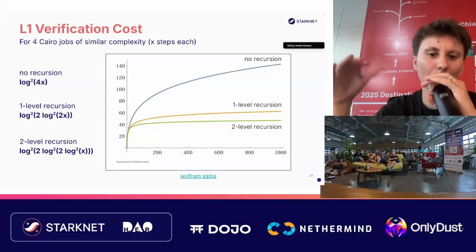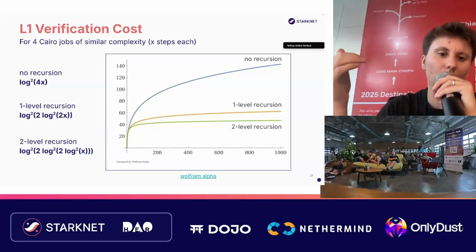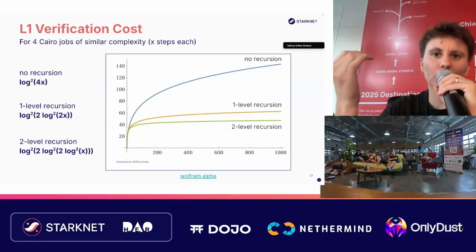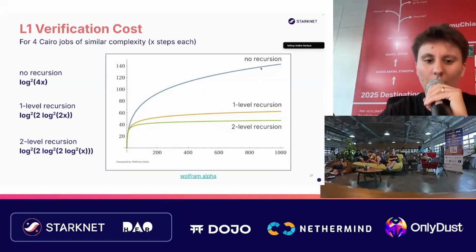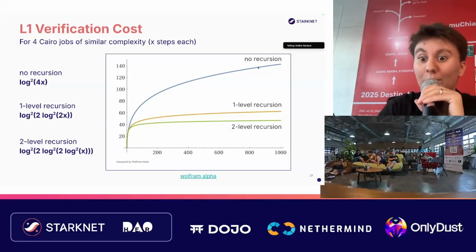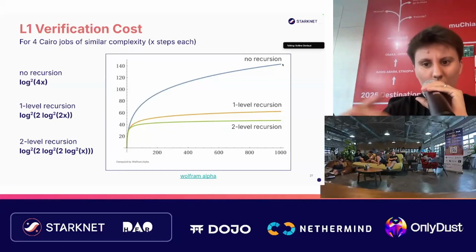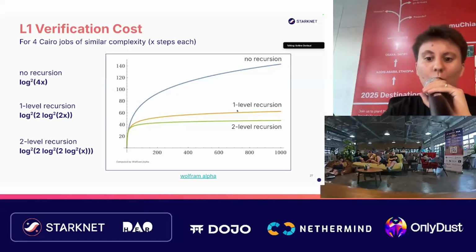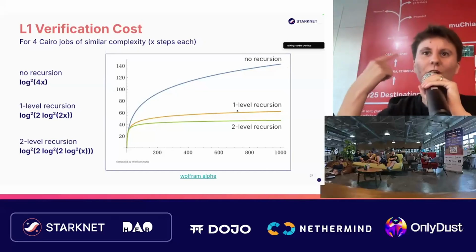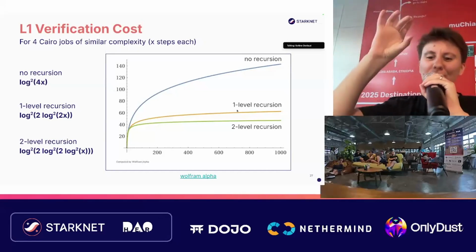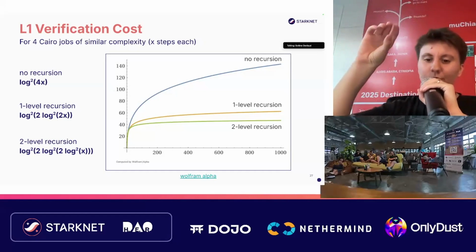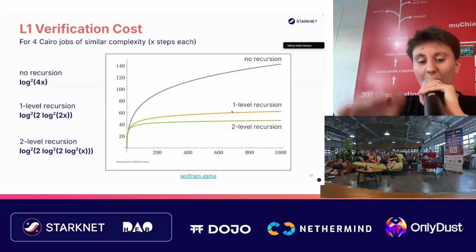The result of this recursive proving is to have a verification cost that is super low. You can see that with no recursion, the cost is much higher, and when we use one level of recursion, it's less.